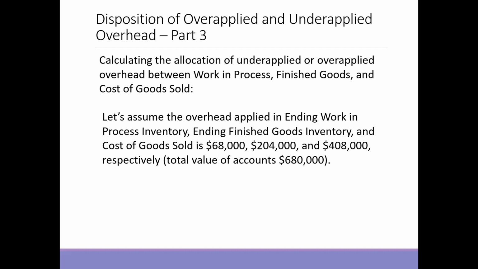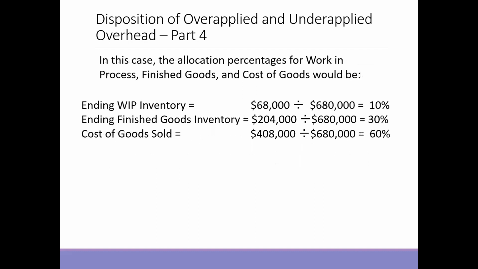Finished goods is at 204. And the cost of goods sold is 408. So all of them total 680,000. In that case, we'll do a pro ratio of 68 divided by 680,000, 204 divided by 680, and come up with what percent of that 30,000 we apply to each of those places. Make sense? It's just a little more detailed.